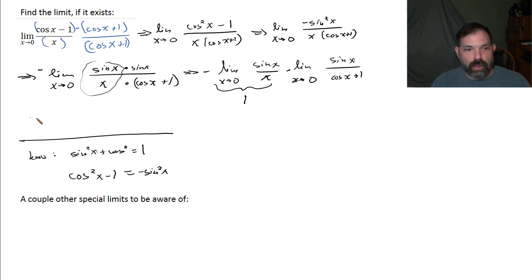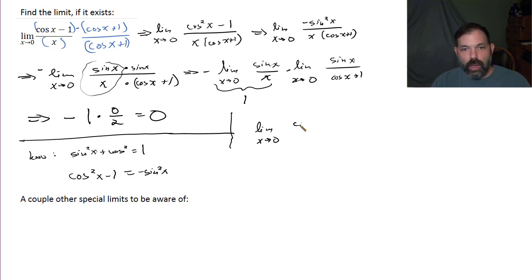So this ends up being negative 1 times 0 over 2, which is 0. All right, so what this means is, after all that, we know that the limit with x approaching 0 of cosine x minus 1 over x is in fact 0.